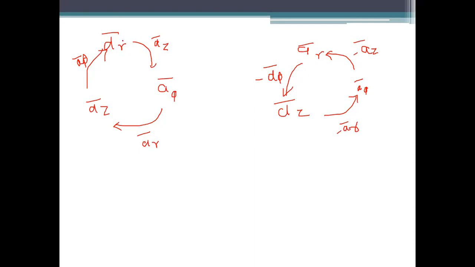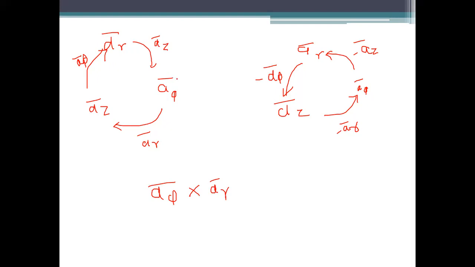Here, if you understand this concept, it will be better. What you have to do is just check in which direction you are going in our equation. A bar phi cross A bar R is there, right? Now just check here.